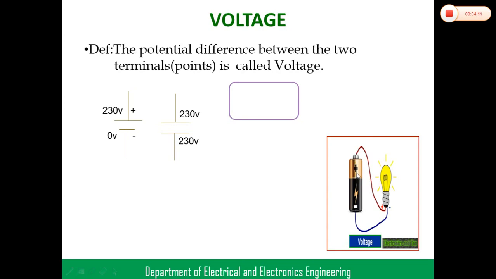In place of this battery I put a 230 volt source. When there is a potential difference between these 2 terminals, that is 230 minus 0, nothing but 230 volts, I apply 230 volts to this bulb. Then the current passes through the wire towards the bulb, so the bulb will glow.